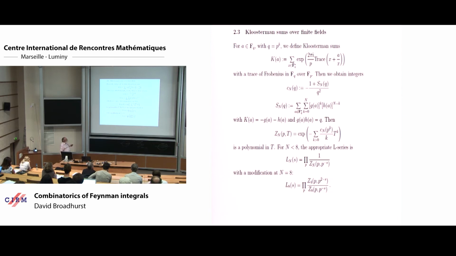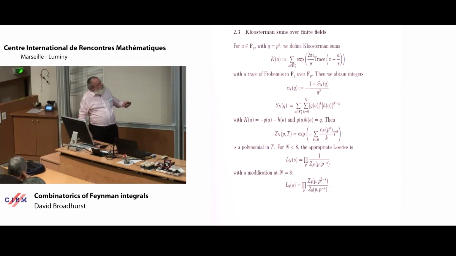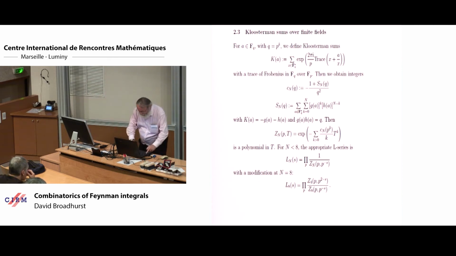So if this polynomial was just t, then I would put t is equal to 1 minus t. Then I'd have Euler's formula. And I should be looking at such L series up to 7 Bessels, and then things start to get more complicated and more interesting.